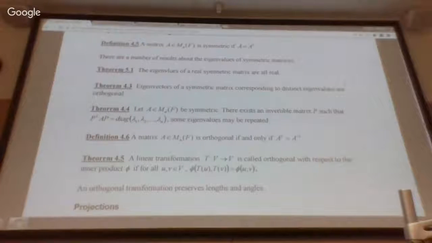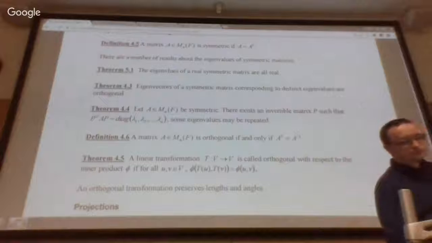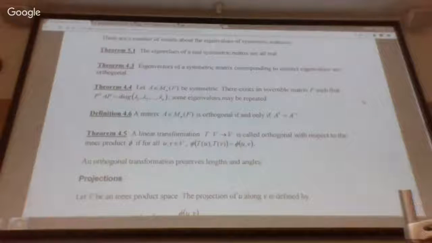But when you know the matrix is symmetric, you're really knowing a lot about its structure. And in those cases, we know that the eigenvalues are all real. And secondly, in theorem 4.3 there, we know that if you look at eigenvectors corresponding to different eigenvalues, they will be orthogonal to one another. Now that's a stronger condition than what we know in general.